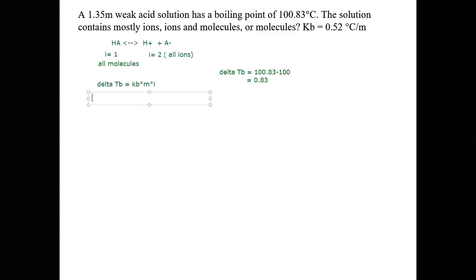So i equals delta TB divided by Kb times molality. So i equals 1.18. So this means that it's mostly molecules with a few ions.